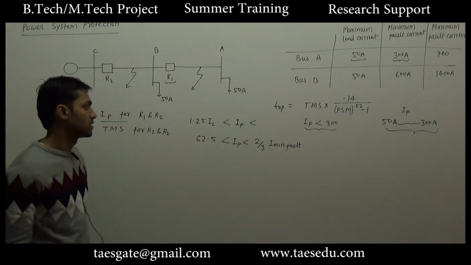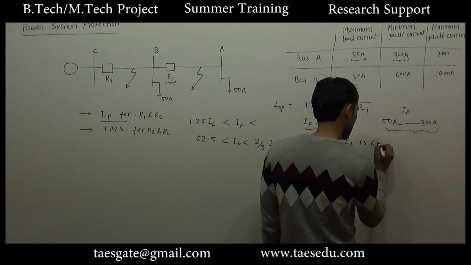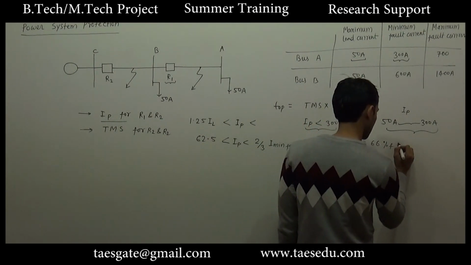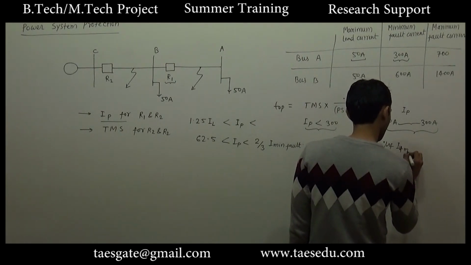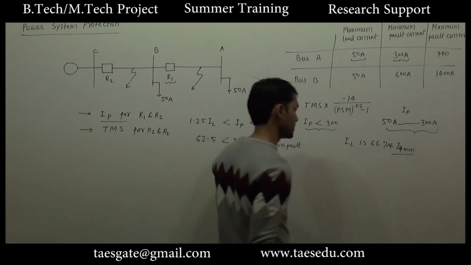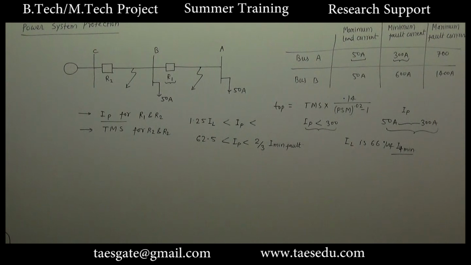That is, if the current in the line is about 66% of the minimum fault current, the relay should start its working. It should not wait for the current to reach the value of the minimum fault current. Even before that, it has to start its working.